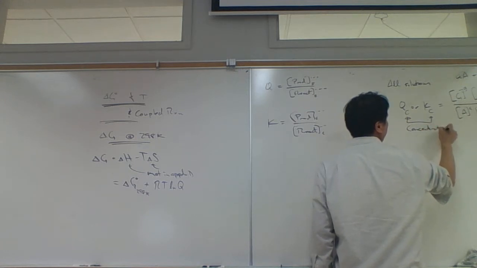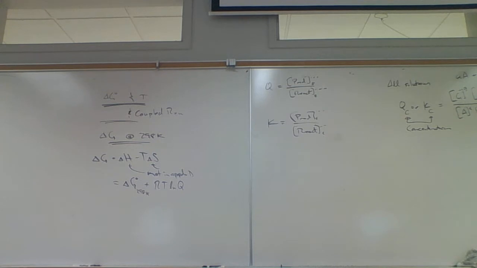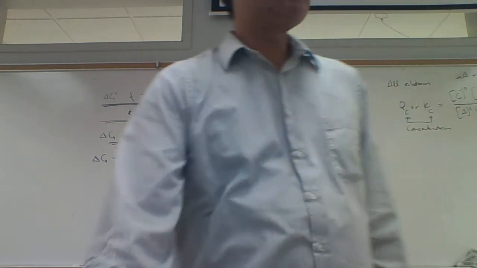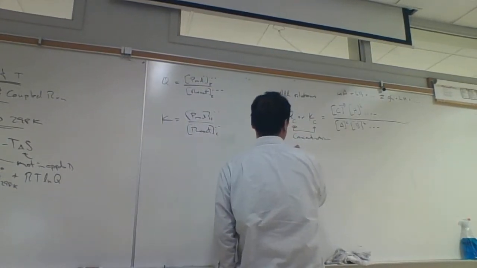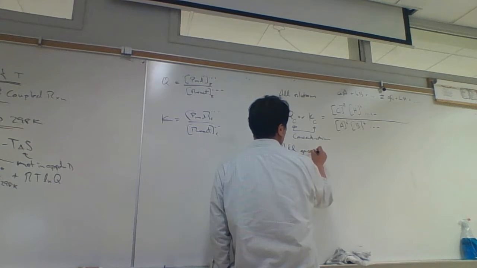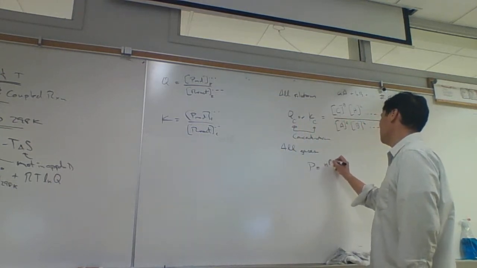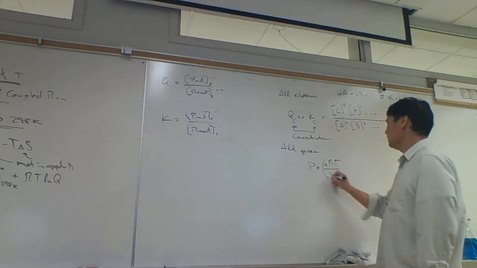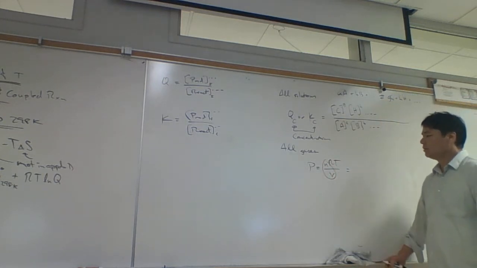That's what we do. But if we're dealing with gases, we can do concentrations of gases. That's not a problem, moles per liter. But usually what's easier is to do pressures of gases. And so if we have all gases, then we know that P is equal to nRT over V. If I look at n over V, n is moles, V is liters, moles per liter is molarity.